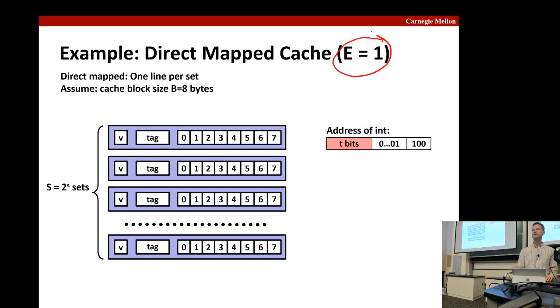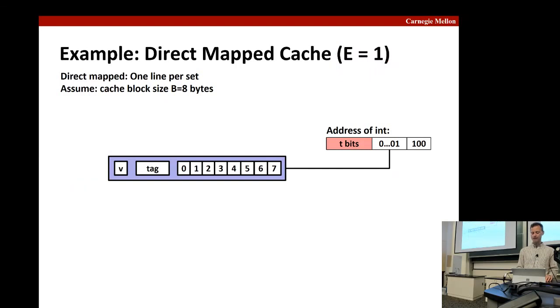Okay, so there's exactly one place that every address can go in your cache. And so, as you can imagine, that makes it the most likely to suffer from these conflict misses, right? Because there's no choices going on. There's just one place.